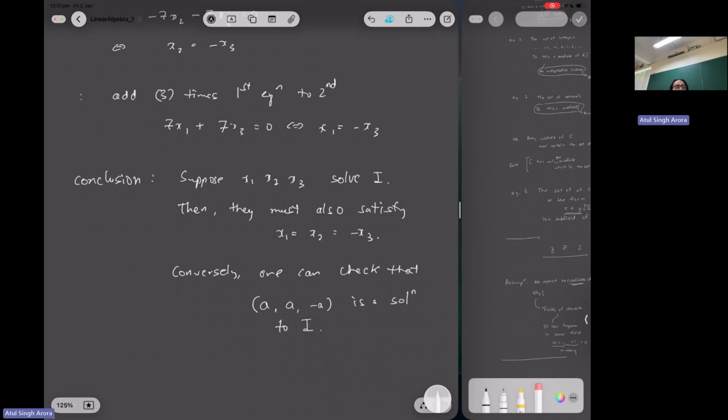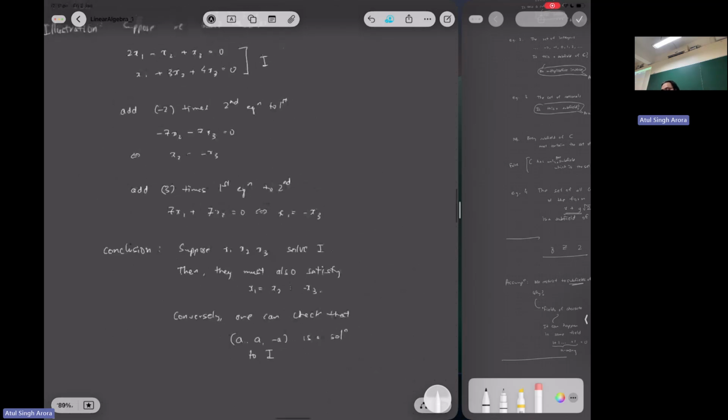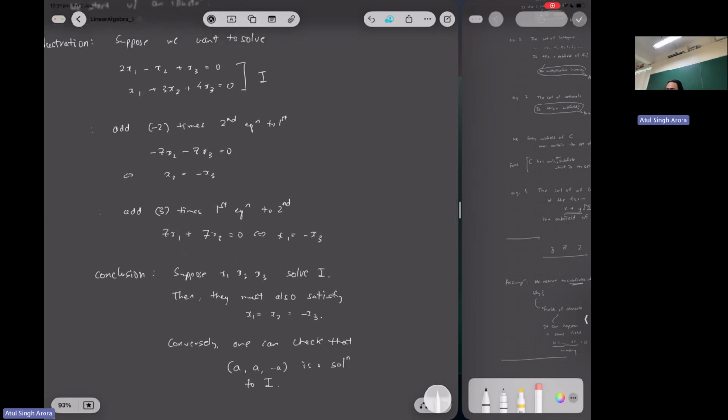So why are we going through this very, very simple, trivial example? We're going through it because it seems that the set of solutions to number 1, and let's call this number 2, the set of solutions to the equations in system 1 and in system 2 are the same, right? Because we showed both ways.